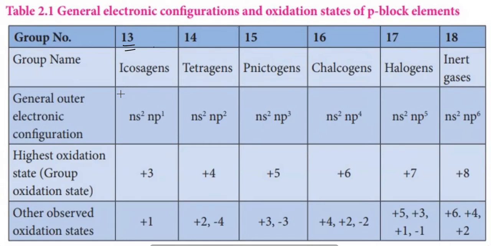Group number 13, the icosagens. The general outer electronic configuration here is ns2 np1.